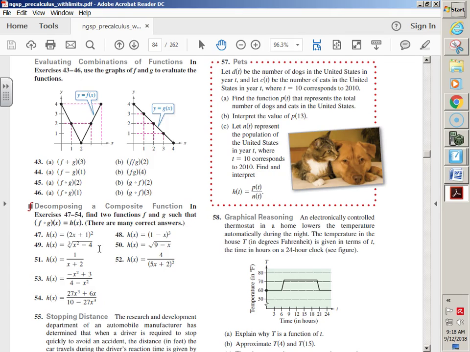Why was this whole section, 43, 44, 45, 46, weird? They didn't give you actual functions. When else did they not give us actual functions that we didn't like? A homework problem that we all hated. Number 10 from section 1.7, where they gave us points and they didn't give us a function. You didn't like that one either. Remember? So many people just skipped it or did something wrong.